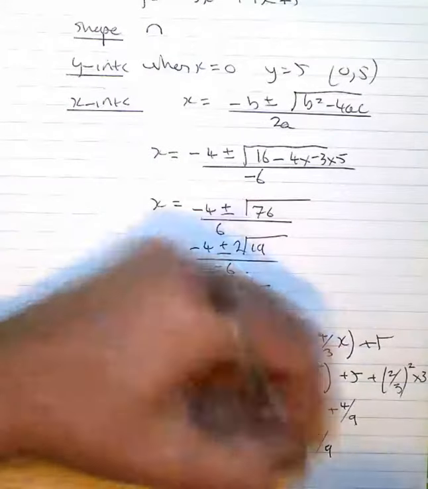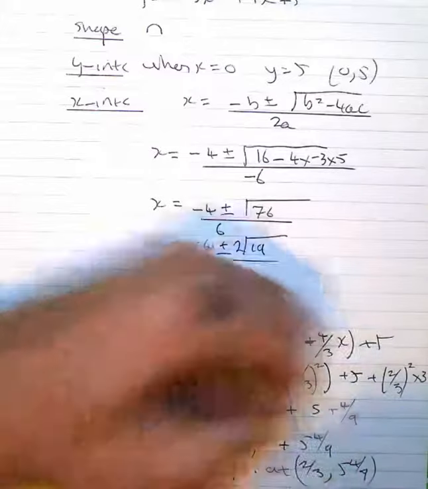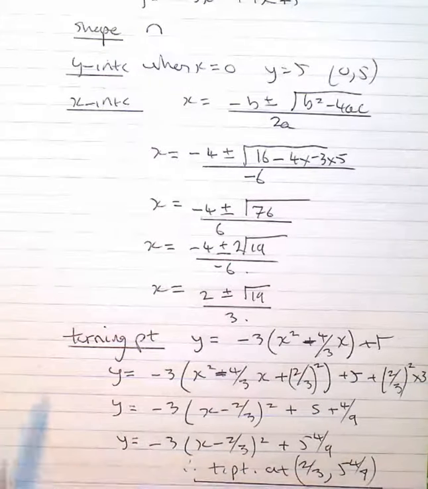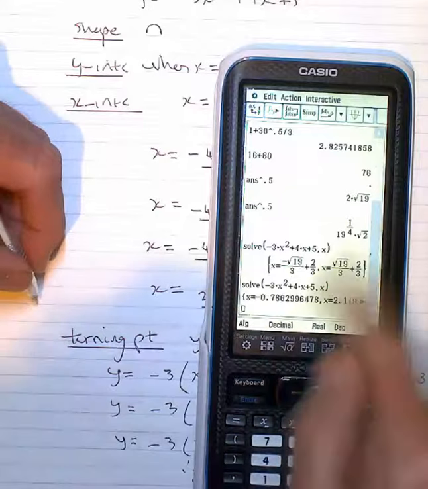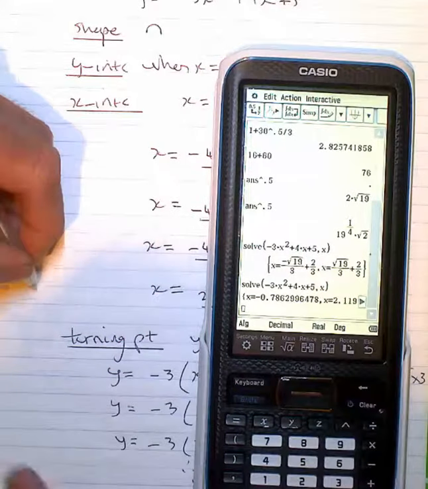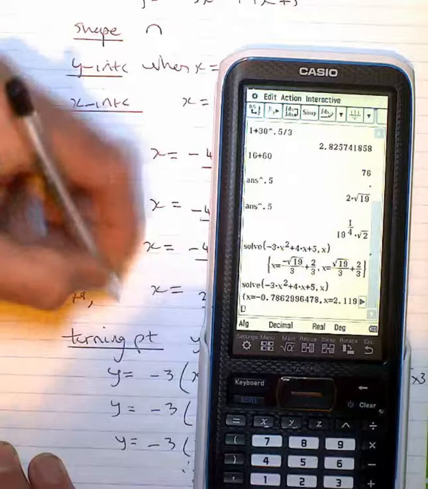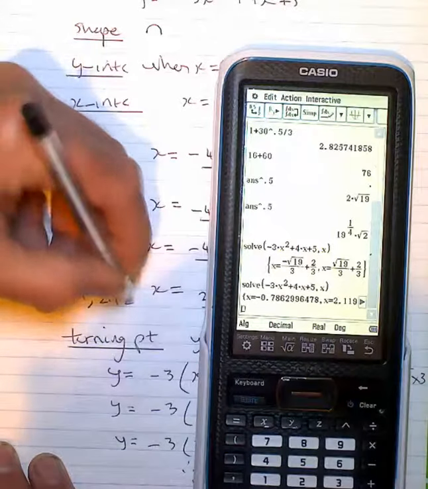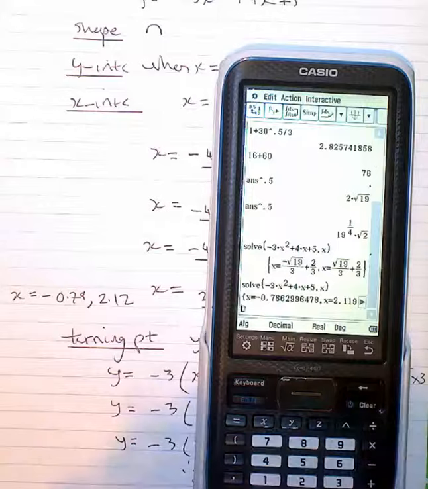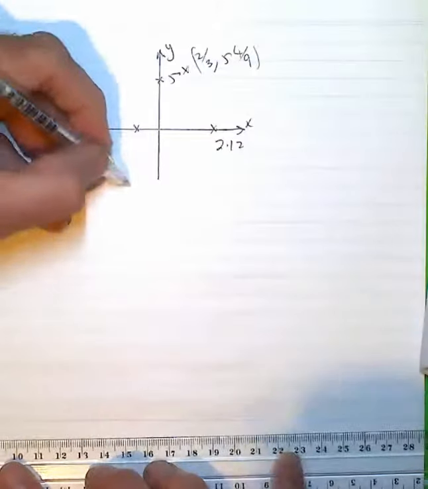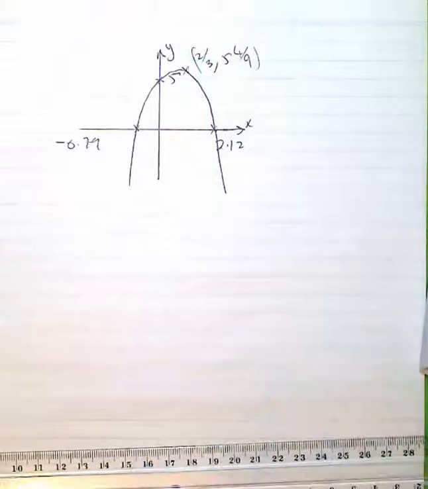So therefore my turning point will be at 2/3, 5 4/9. Before plotting that, it might just help if we actually convert that into decimal form. So if I wanted to do that, negative 0.79 and 2.12 will be the points I can use in order to sketch the graph. Putting all those features together, I can then sketch the graph like so.